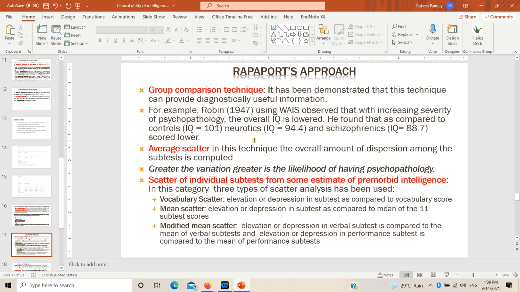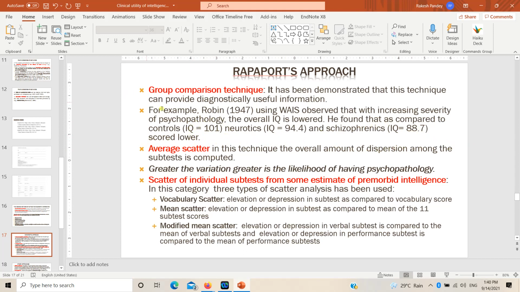Neurotics had a lower score on average, 94.4, and schizophrenics had an even lower IQ, 88.7. So, taking this as a premorbid estimate, we can compare the IQ of the client.